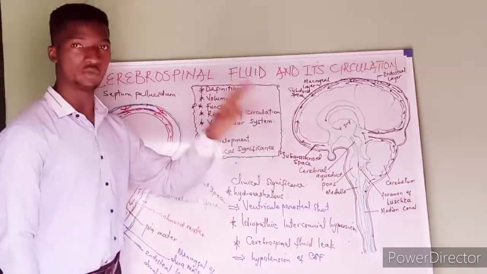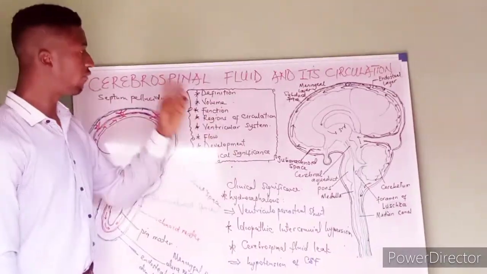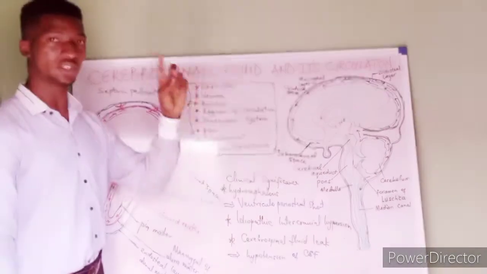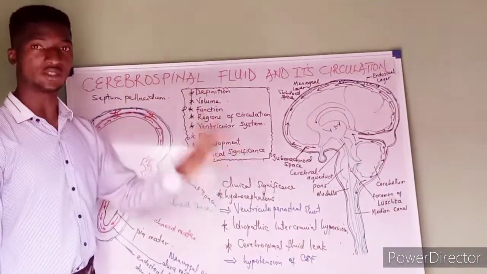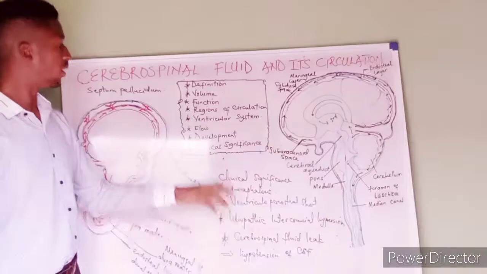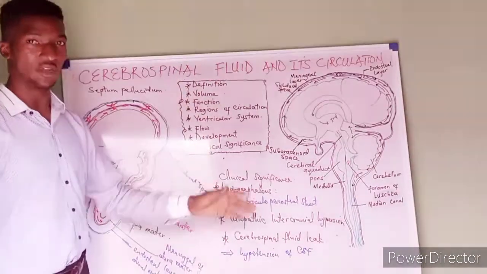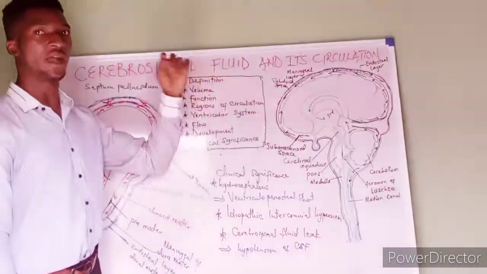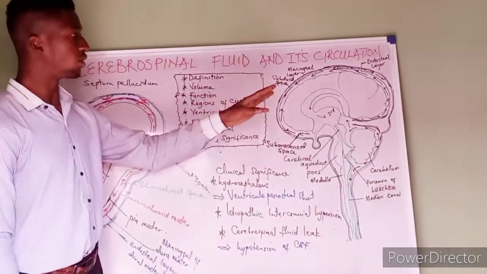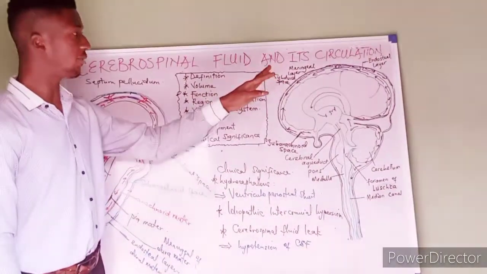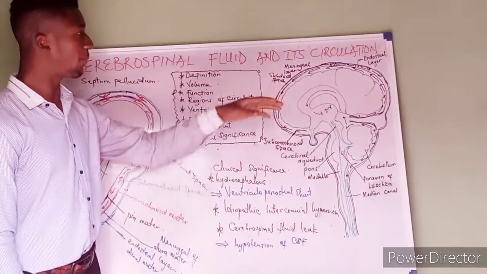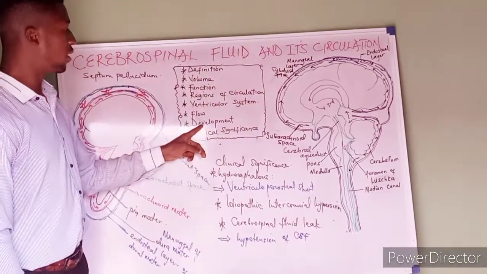Regions of circulation, we divided into 3 regions. The first region is the site of production, the second is the site of flow, and the third is the site of absorption. The flow is unidirectional in the ventricular system and multidirectional in the other part of the central nervous system.